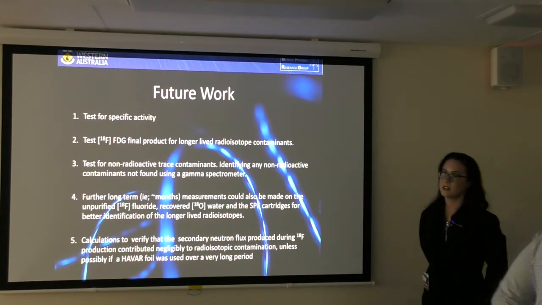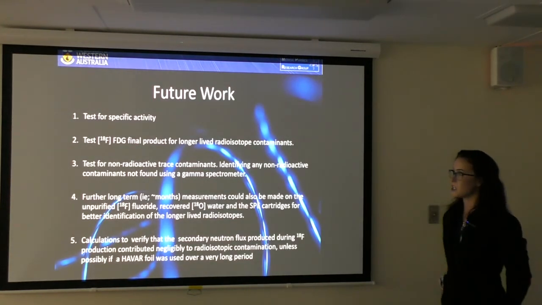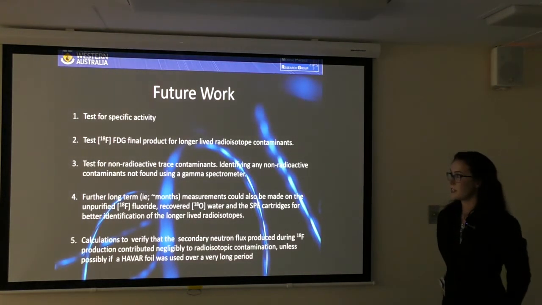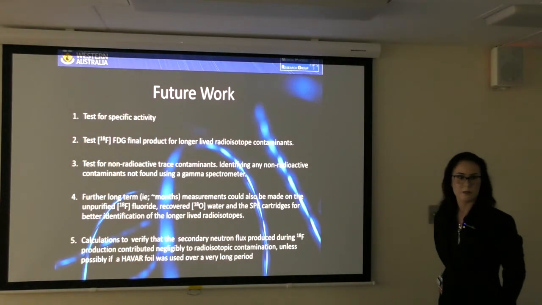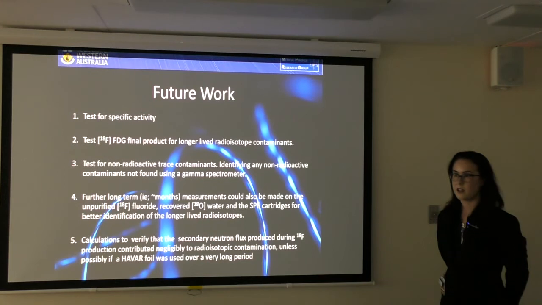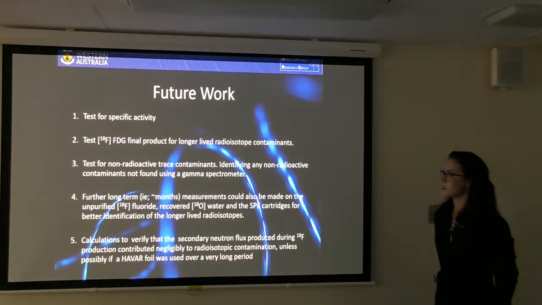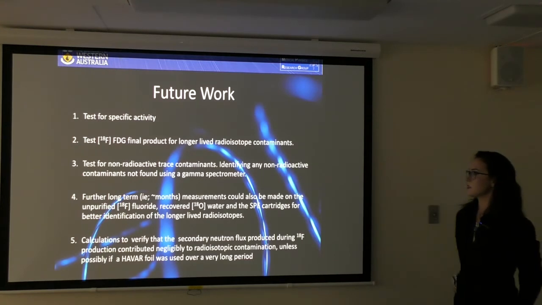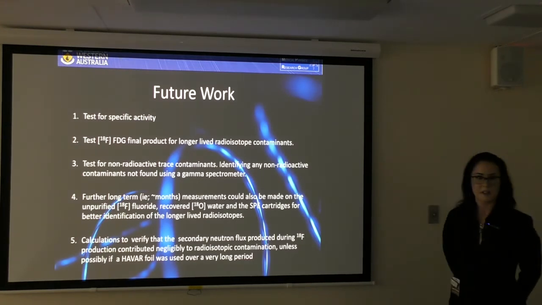So it would be interesting to see what the purity of the F18 FDG is. I would also recommend testing the F18 FDG a lot longer after I did, just to be able to identify any longer-lived radioisotopes. I'd also suggest testing for non-radioactive trace contaminants, as I could only identify anything that was radioactive.